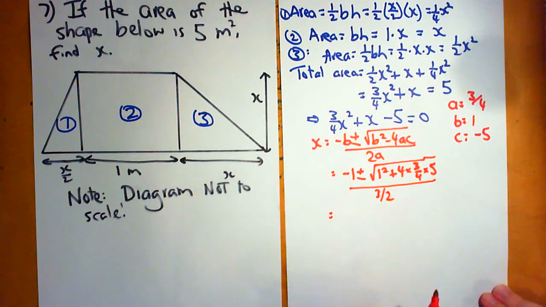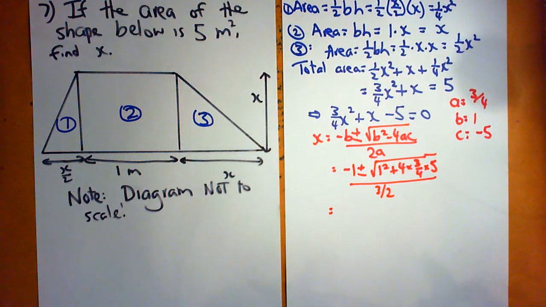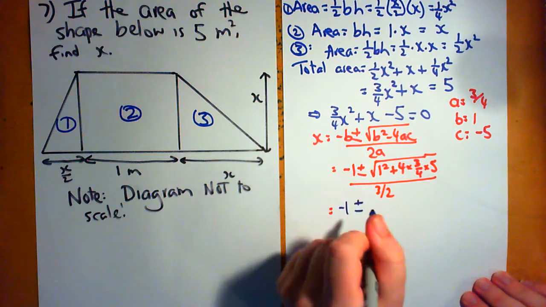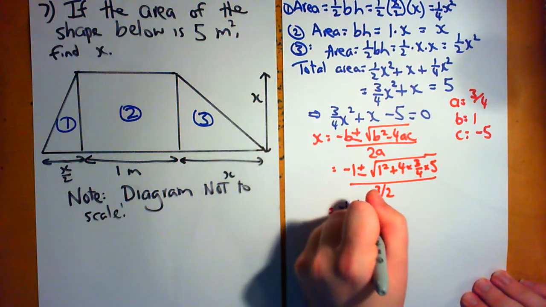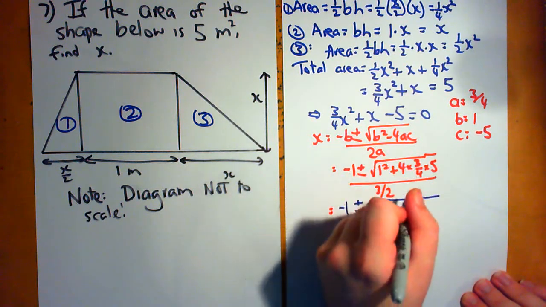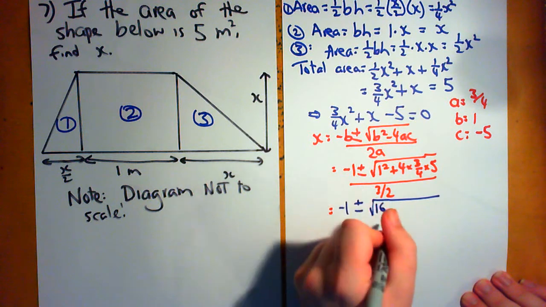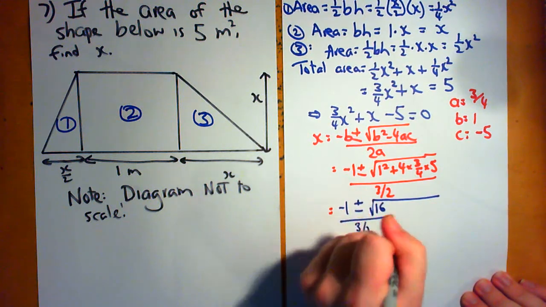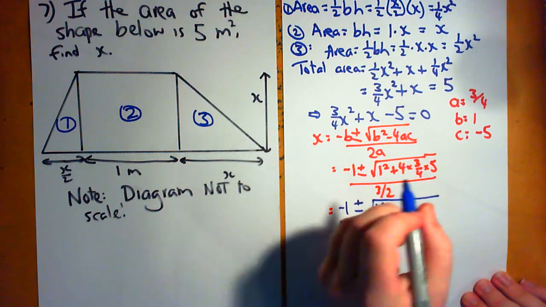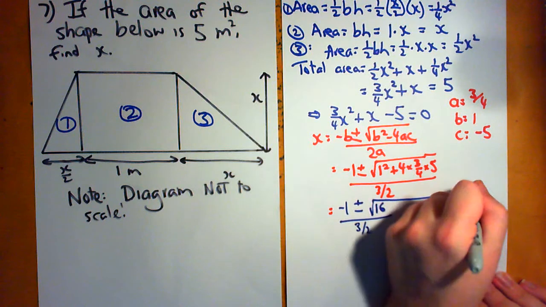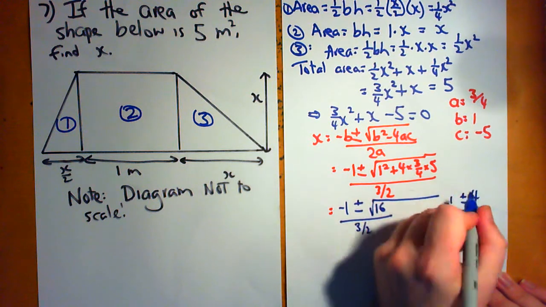So let's look at what's under that square root. This is going to be minus 1 plus or minus the square root of 1 plus 15, which is 16, divided by 3 halves. The square root of 16 is 4, divided by 3 halves.